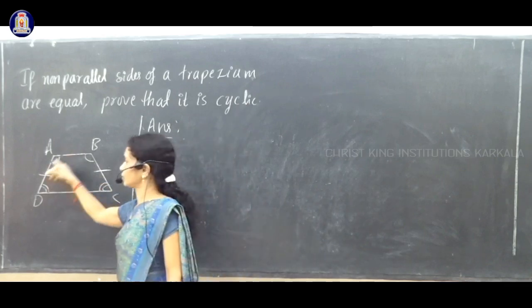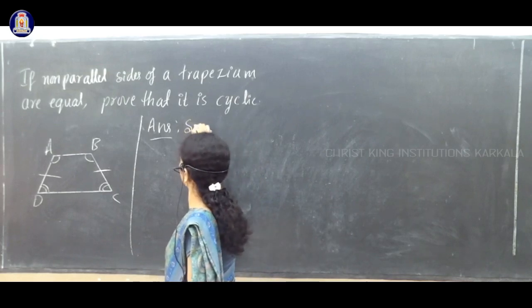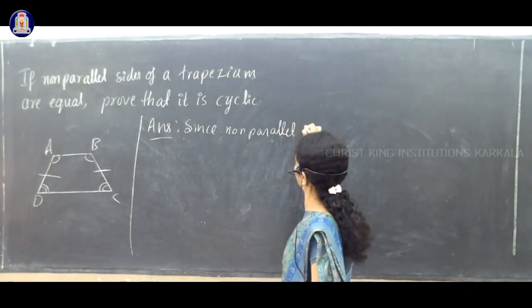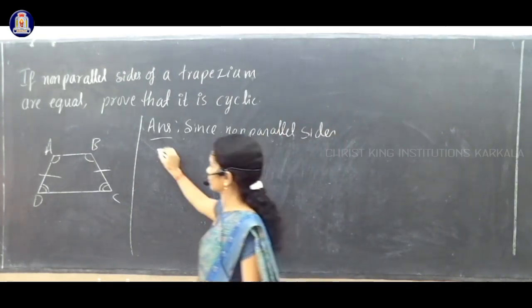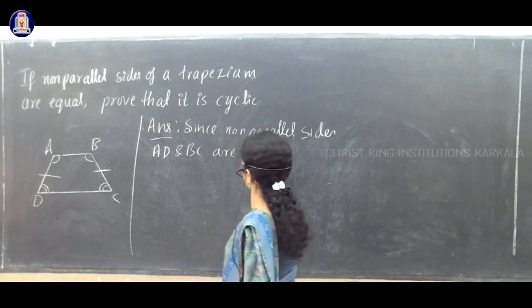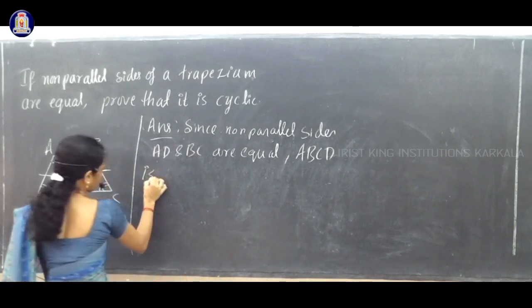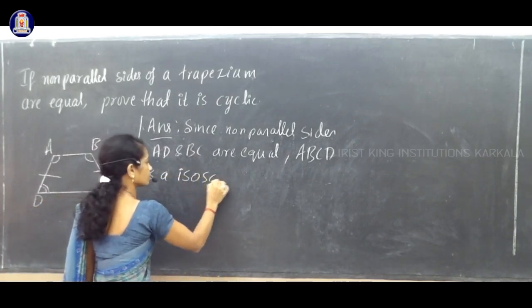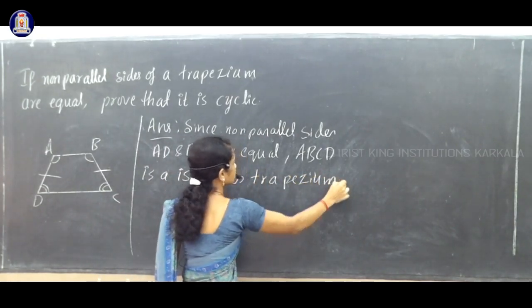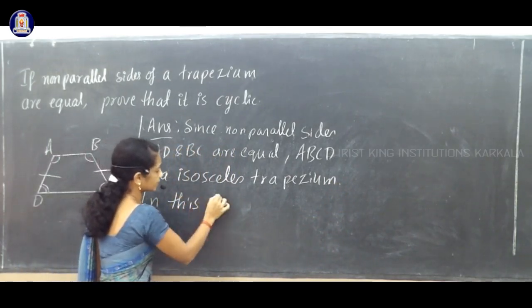Since the non-parallel sides AD and BC are equal, ABCD is an isosceles trapezium, and in that these angles are equal.